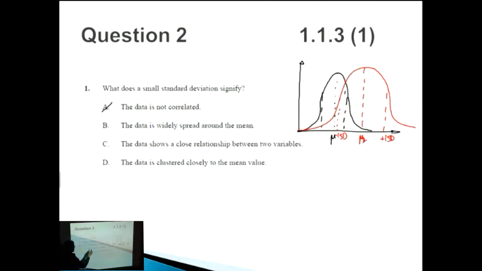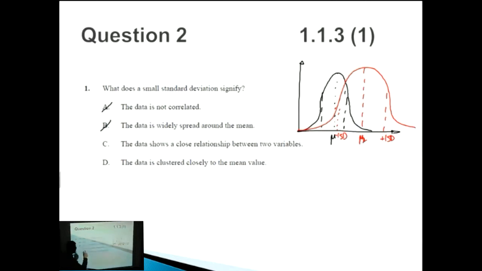B, the data is widely spread around the mean. No, because that's what a large standard deviation would suggest, as we talked about in the red example. So not this one. C, the data shows a close relationship between two variables. Very similar to A, we're not really talking about the relationship between two variables with standard deviation.